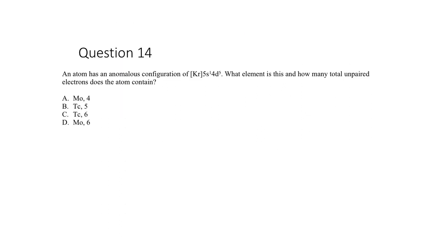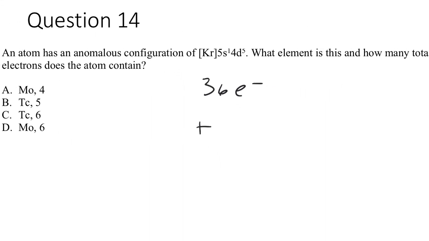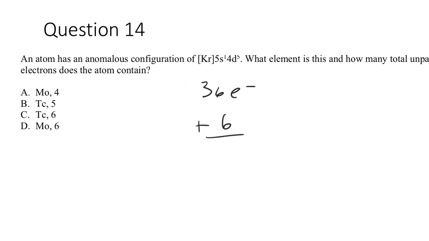Question 14, an atom has an anomalous configuration of 5s1, 4d5. What is the element? I just go to the periodic table and try to find the element that has krypton's count, that's 36 electrons, plus, zoom in to make sure I'm seeing that as the 5, so I'm going to add 6 electrons to that. So I'm looking for element number 42. What element has 42 electrons?